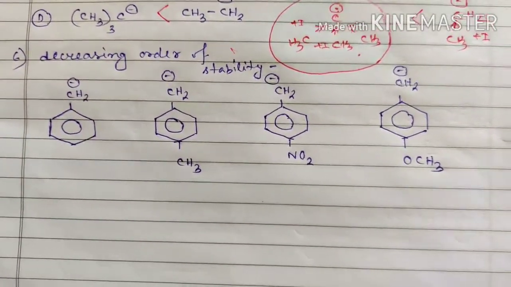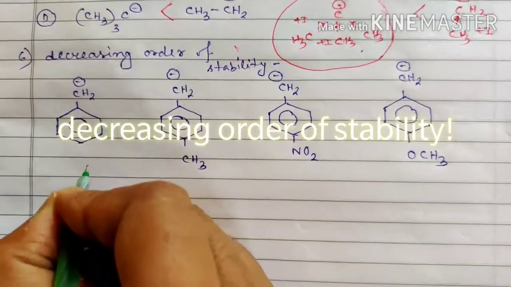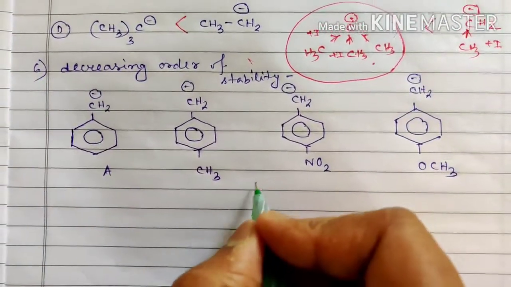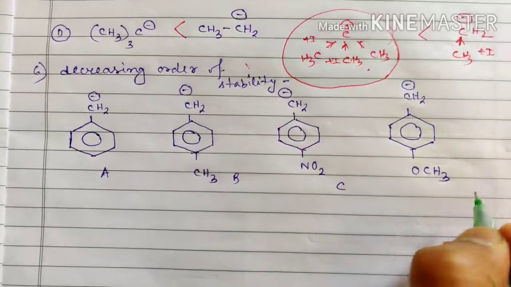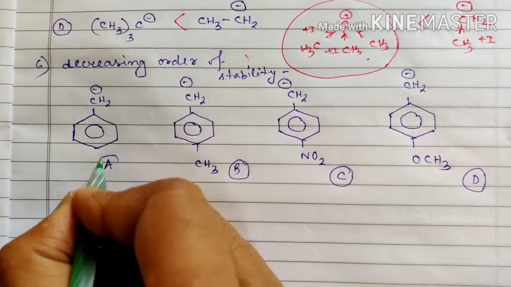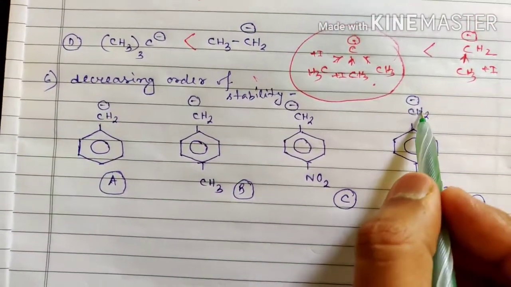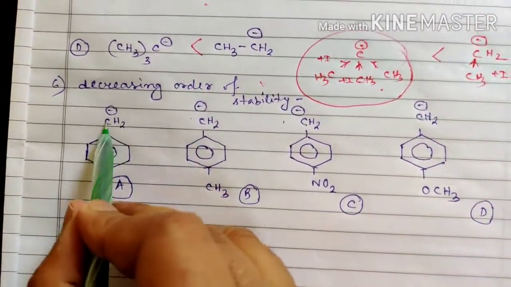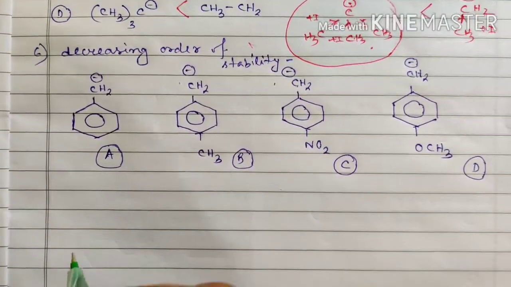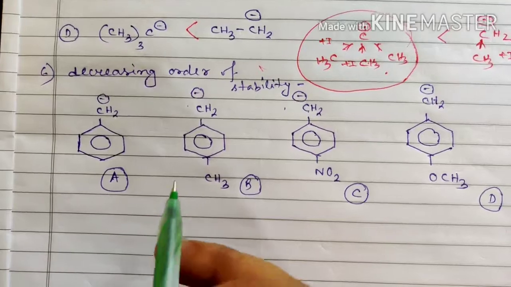The next question for today is the decreasing order of stability between these A, B, C and D. In all the cases, one thing is common, the CH2 minus on top of a ring. So we are comparing the stability of the carbanions.